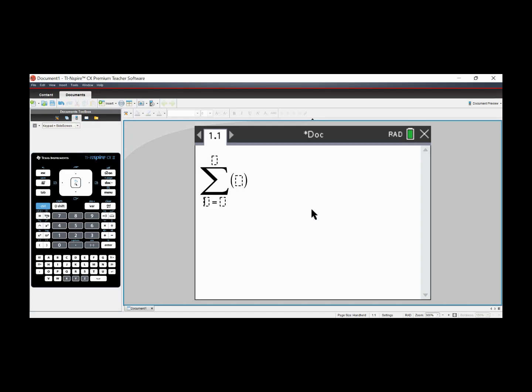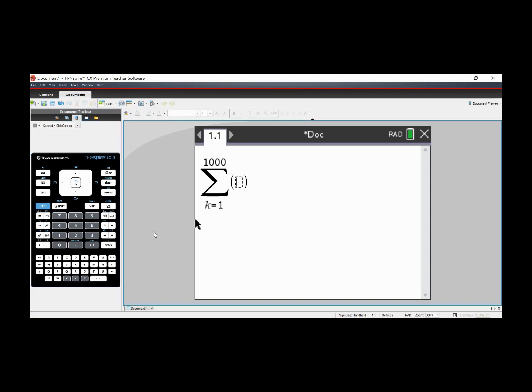The problem is we have to pick a number that's large enough, but not too big that the calculator gets stuck calculating for too long. So let's do the summation as k goes from 1. Let's try 1,000. I think that should be pretty big. So every place we have an n, we're going to put 1,000.